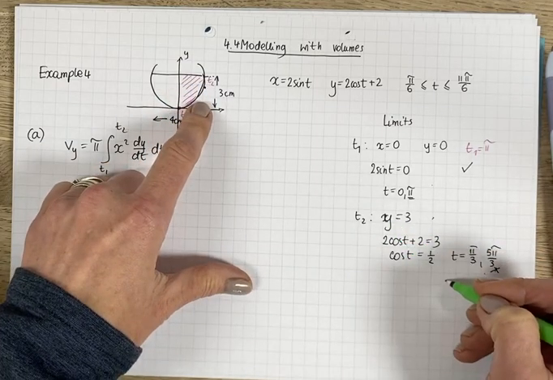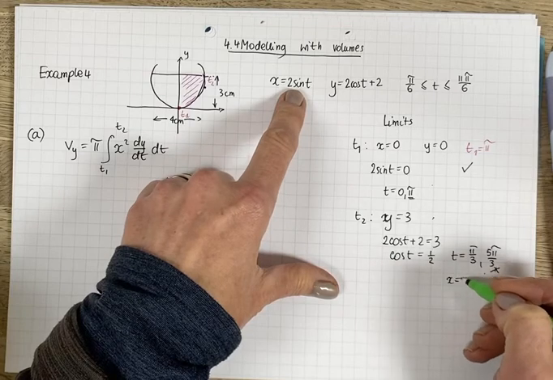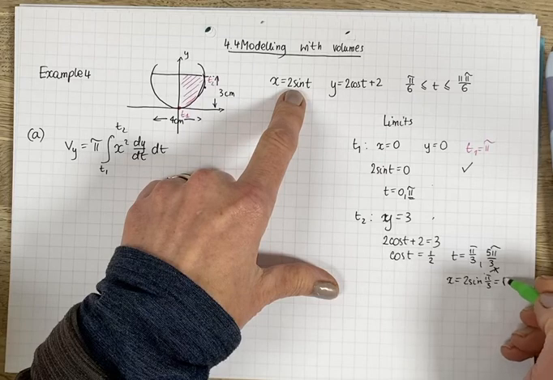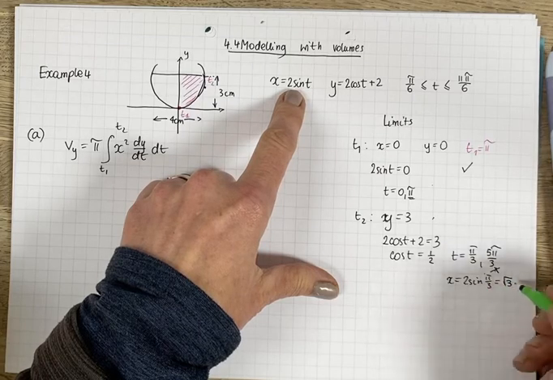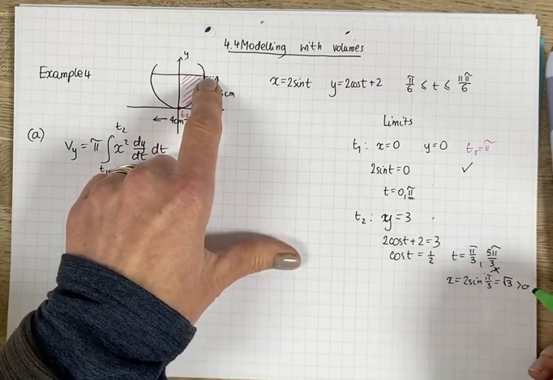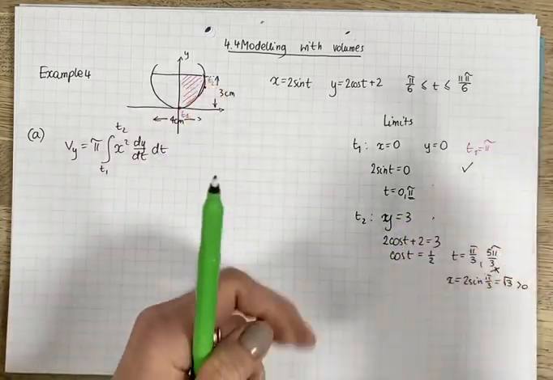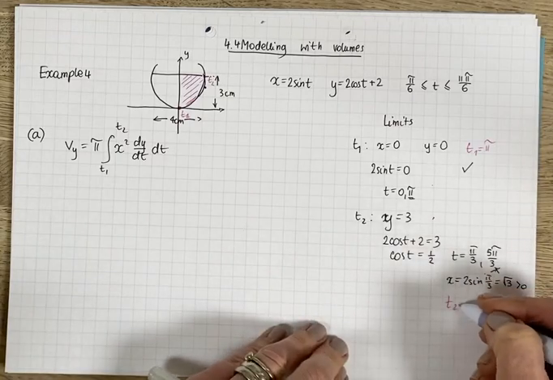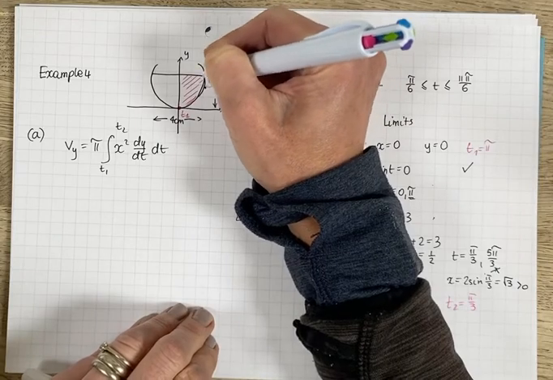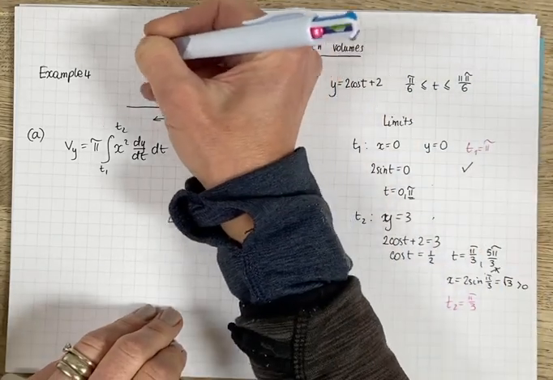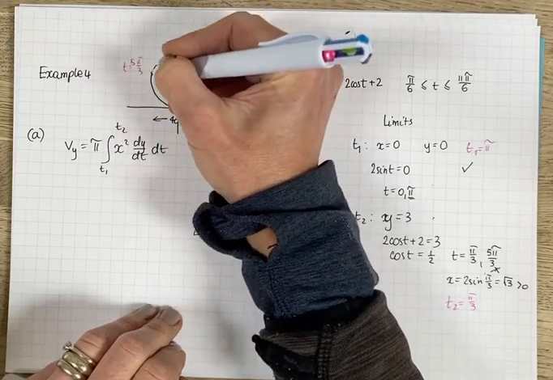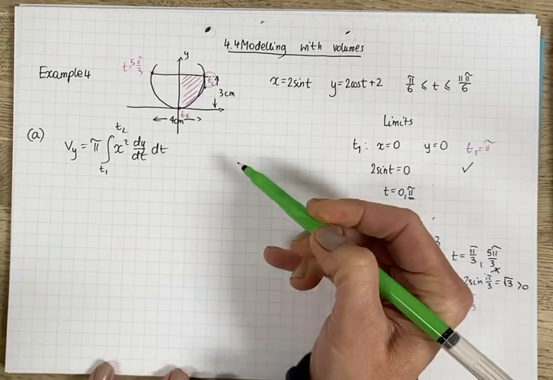If I put t equals pi over 3 into this, that gives me sine pi over 3, which is root 3 over 2, times 2 is root 3, so that's positive. So that's definitely in the first quadrant. So pi over 3 is our t2. There you go, so that is going to be over here. The other one that we found, which is 5 pi over 3, would be at that point here. But I've selected this section.